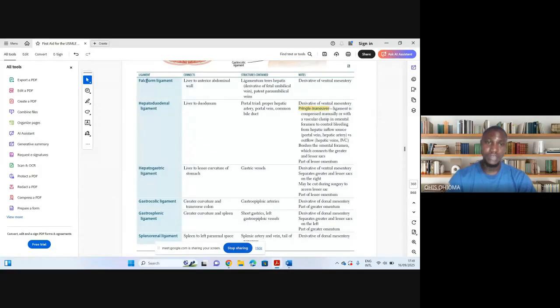Anytime you see hepato, anytime you see hepatoduodenal ligament, it means that it's gotten from the ventral mesentery.